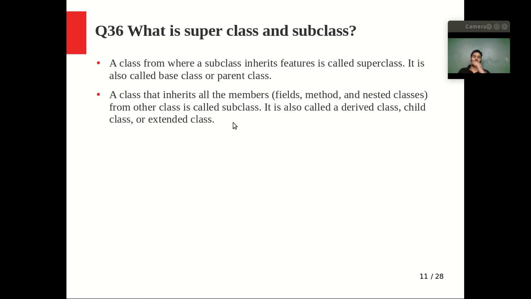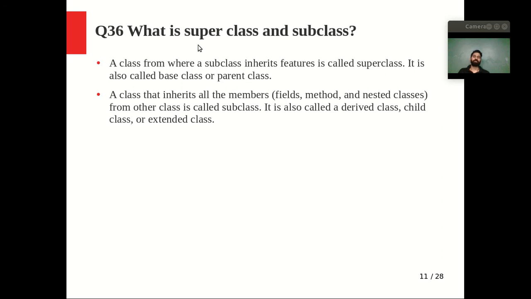So what is a superclass and a subclass? The names may be different, but the class from which a subclass inherits features is called the superclass. A superclass is also called a base class or parent class.